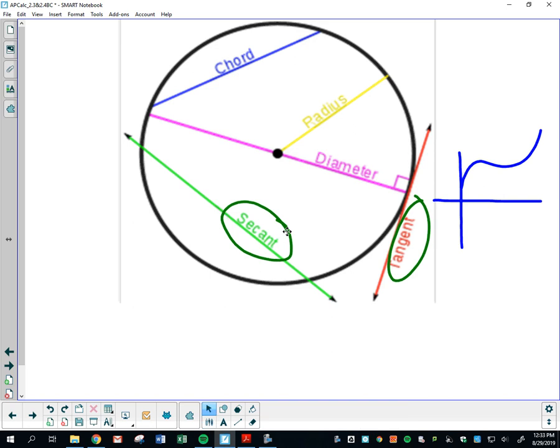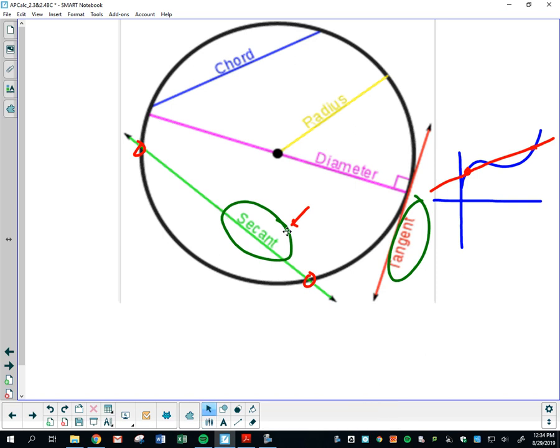A secant line in a circle will intersect the circle at 2 points. So a secant line on a function will intersect the function at 2 or more points.